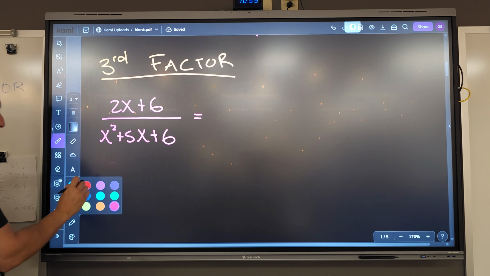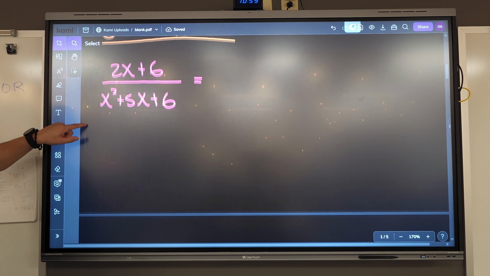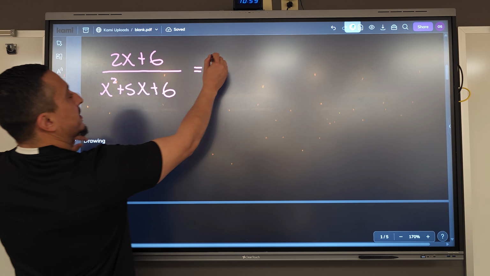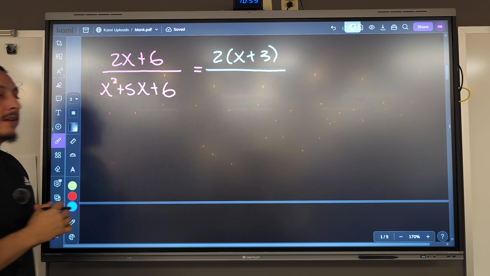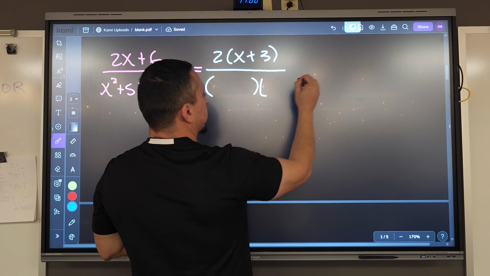I think this is the only part that's going to slow you down, how good you are at factoring, right? Because we have different types of factoring: GCF, difference of squares, trinomials. So the top one's a GCF. I can take out a 2. The bottom one is a trinomial. So that one breaks into 2 of these.